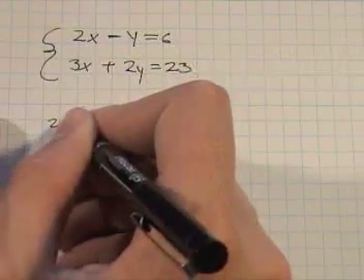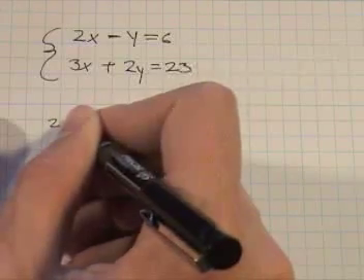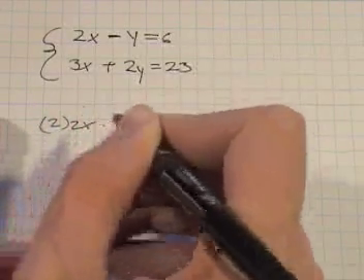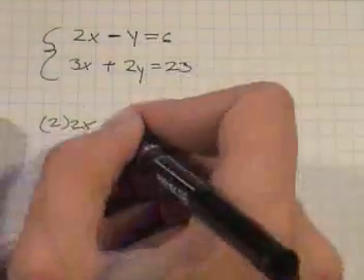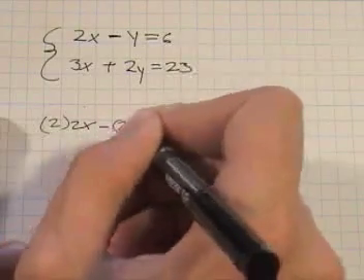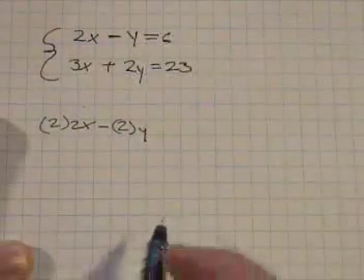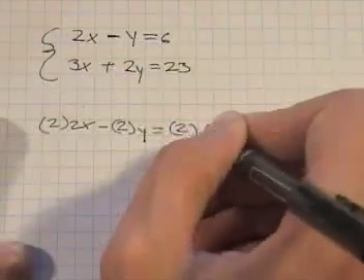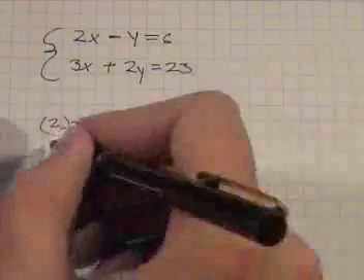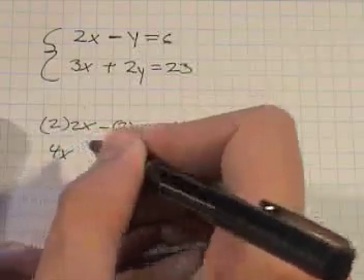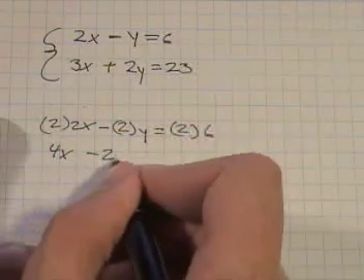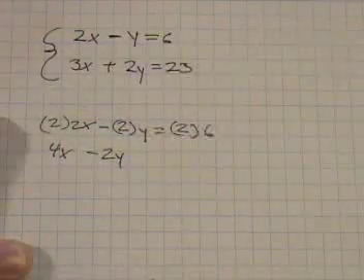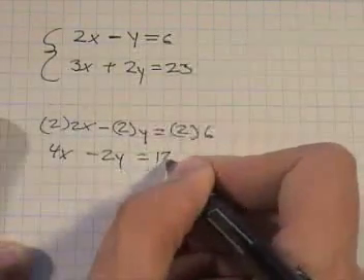So we're going to times everything by 2, remember. 2 times 2x, it's the first term, minus 2 times y equals 2 times 6. All of this resolves to 4x minus 2y equals 12.